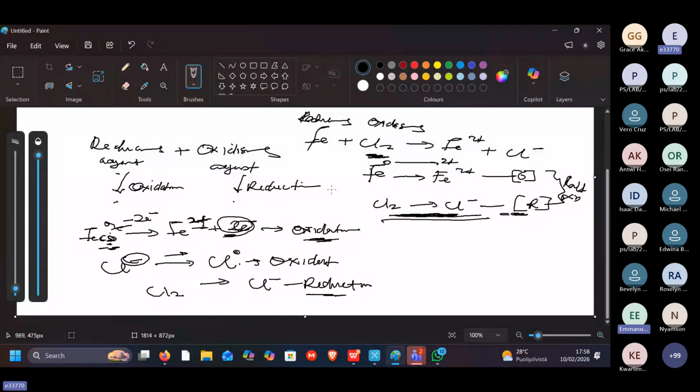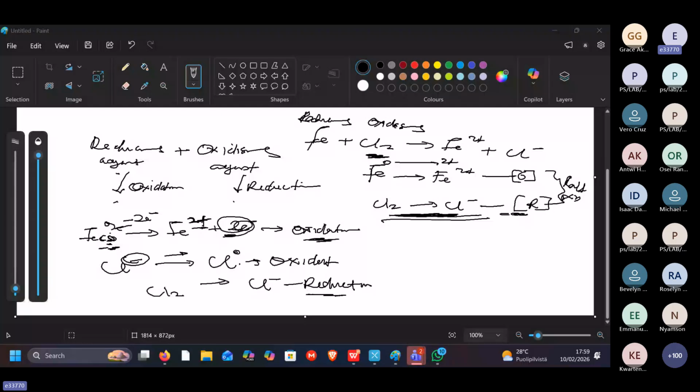So it has lost 2 electrons. The process of losing electrons is the oxidation reaction.